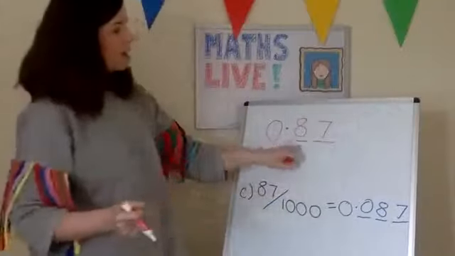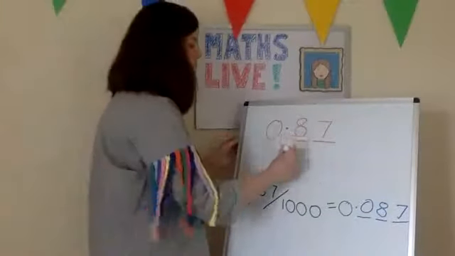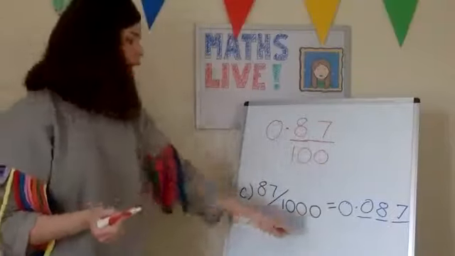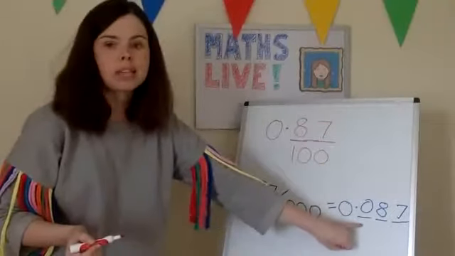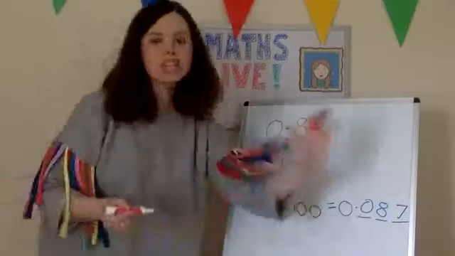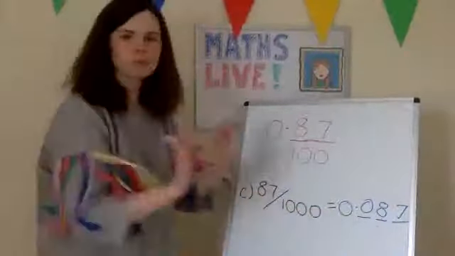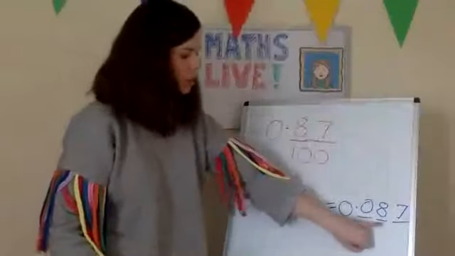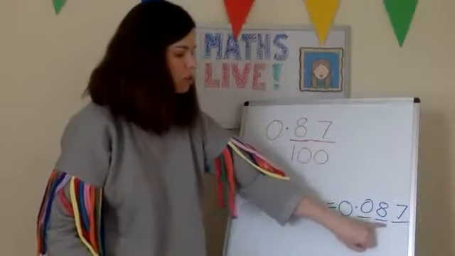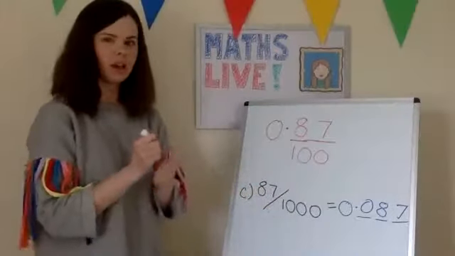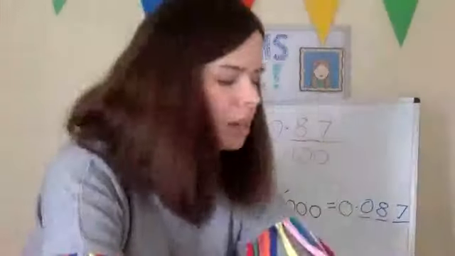And can you see, if it's just that, that's a completely different fraction? Yeah, so again, 0 is acting as a placeholder. It's shoving up that 87. It's saying, hey, move along. Because you need to go into the thousands and the hundreds, and there are no tens here. Okay, hope that makes sense.